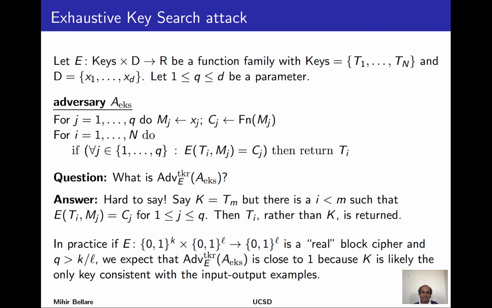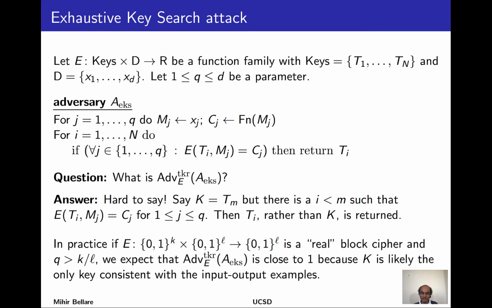But no, there's a catch here. The difficulty is that suppose the target key is, let's say, the mth key in the list. But suppose there's a prior key which is consistent with the input-output examples. There's no reason that shouldn't happen. Well, in that case, that key is the one returned because that will be encountered first in the for loop.